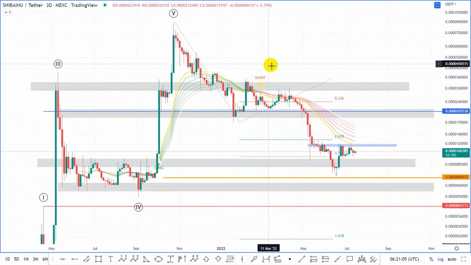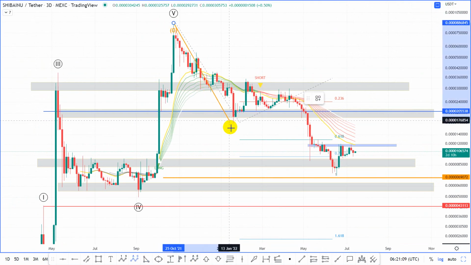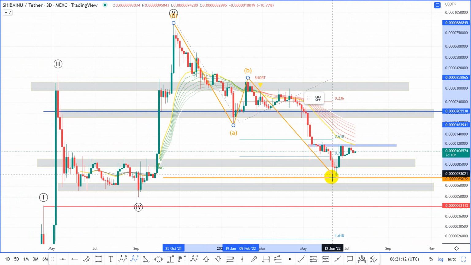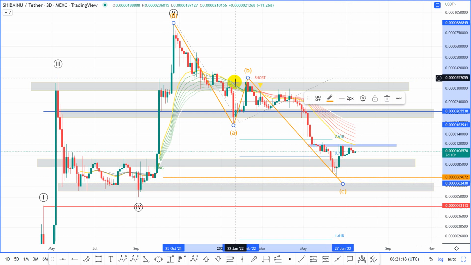So let me mark that one as A, B, and potential C. Either that one was C, or it's going to be C somewhere here. Not sure about it yet.